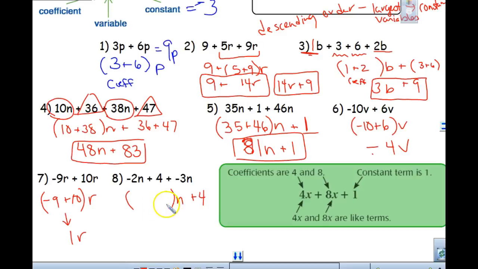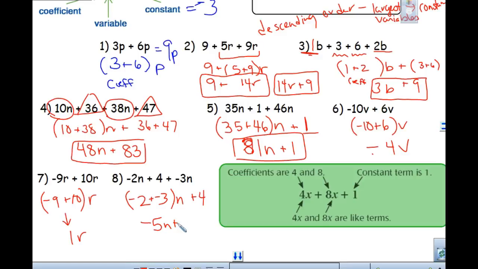All right. So Emma, inside this one for my coefficients of my variable, what am I going to have? Negative 2 plus what? Yes, negative 2 plus negative 3. Jack Thorberg, what am I going to end up with when I add negative 2 and negative 3 for my coefficient of n? Negative 5n plus 4.